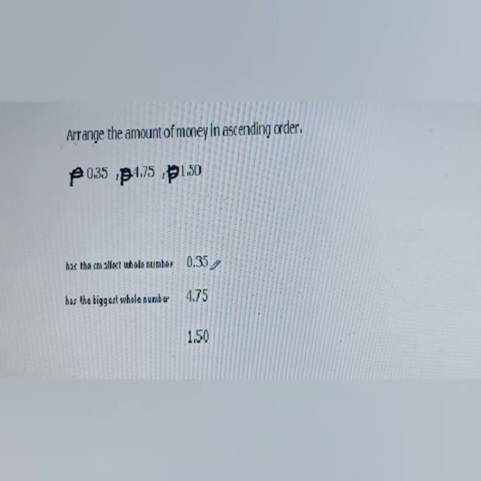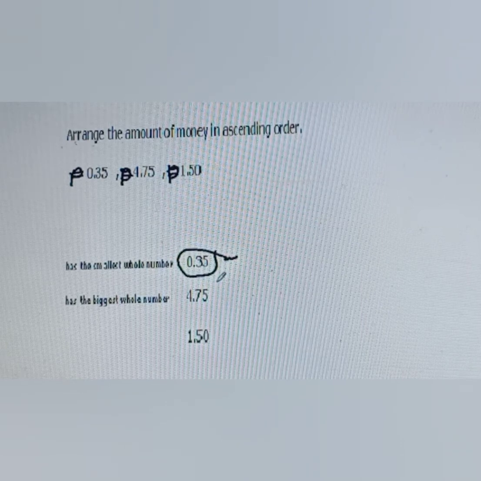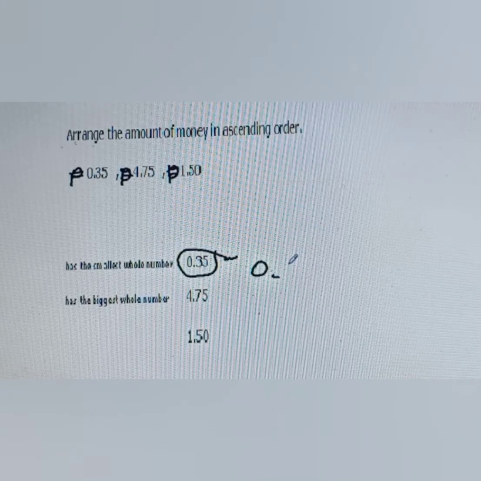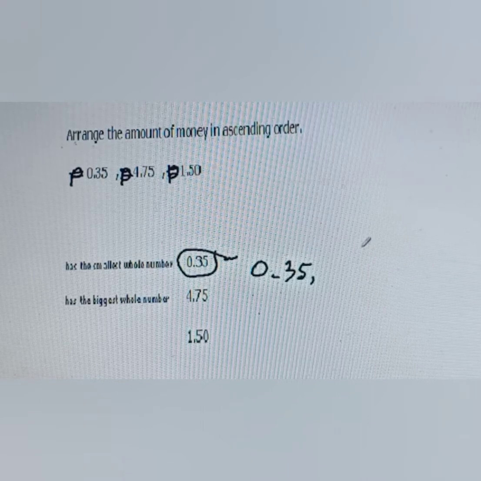So meaning 0.35 is the smallest number. So we'll write 0.35 here. Then the next is, let's compare the 4 and the 1.